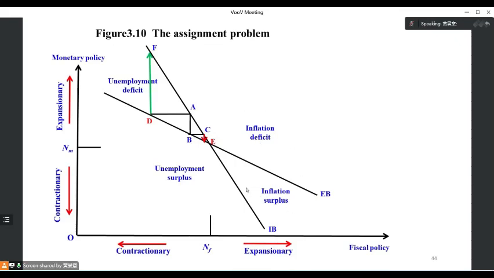And in the third zone, this country has inflation and surplus. And in the fourth zone, this country has unemployment and surplus.